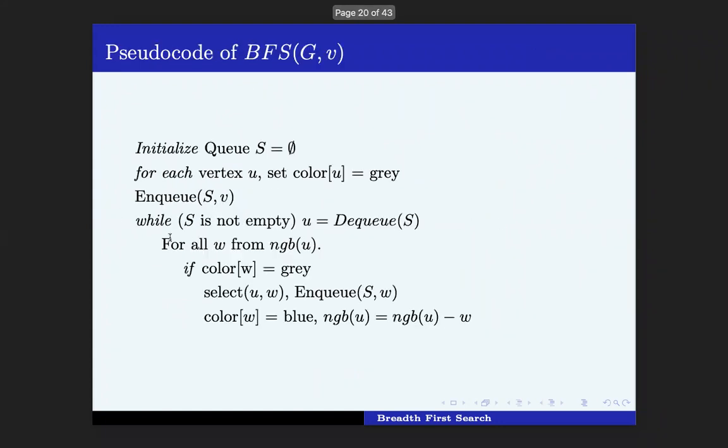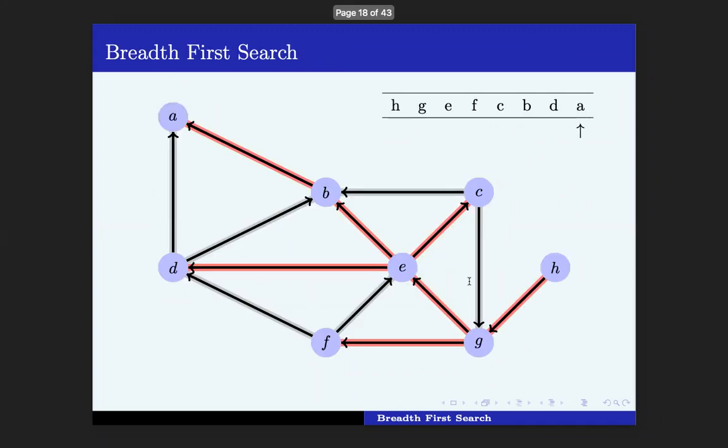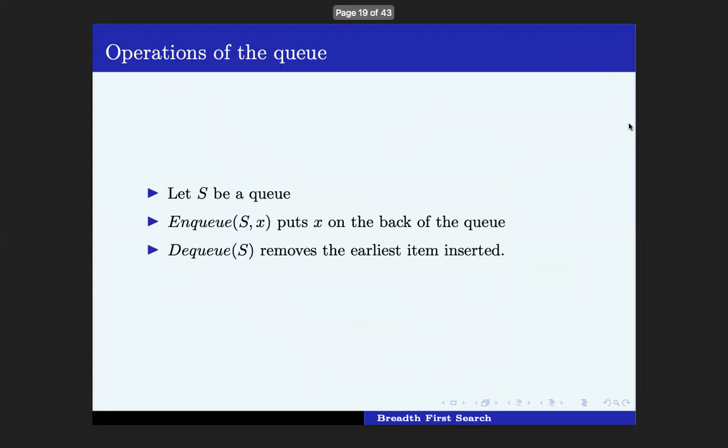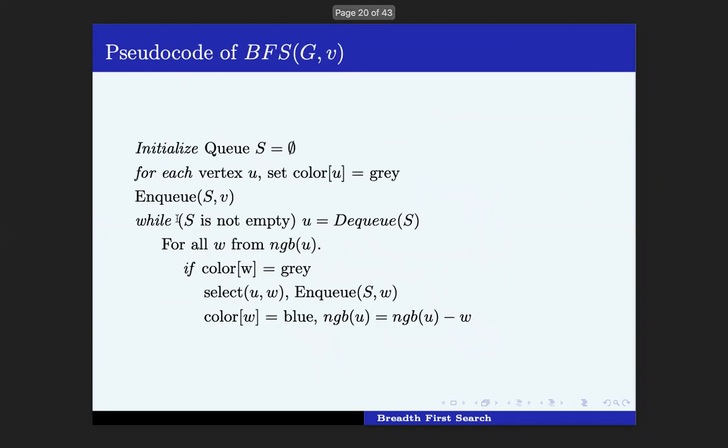See, by the way, when do I stop? I stop when I have hit the last element in the queue and there's nothing else to continue. So while the queue is not empty, you take the first element. That is the vertex that we are dealing with.